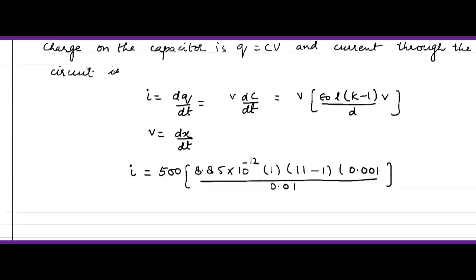Now the value comes out to be 0.425 into 10 to the power minus 9 ampere. So this is our answer.